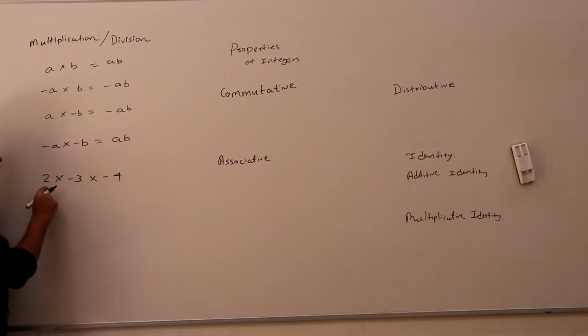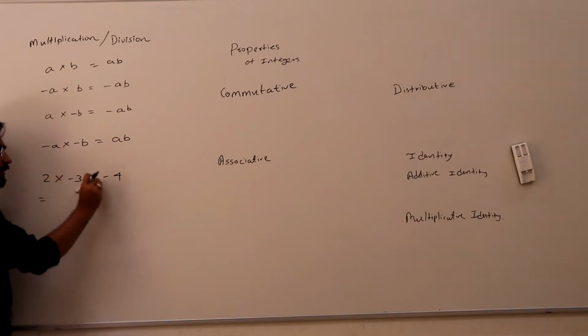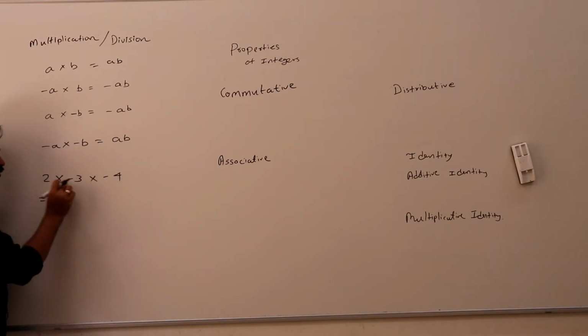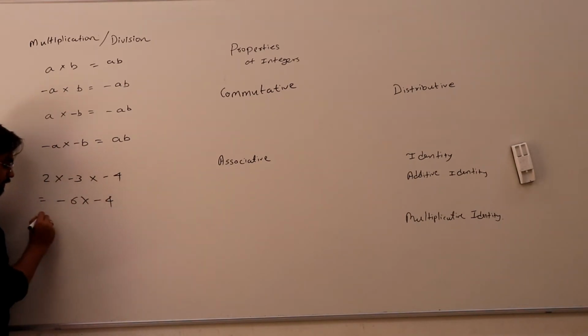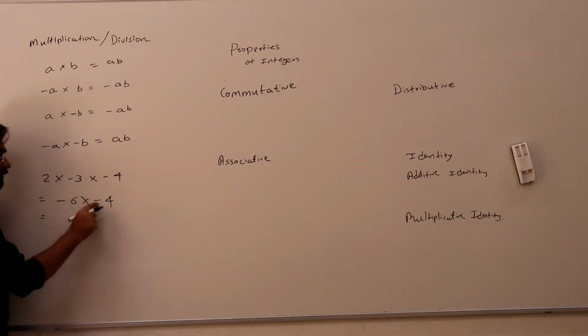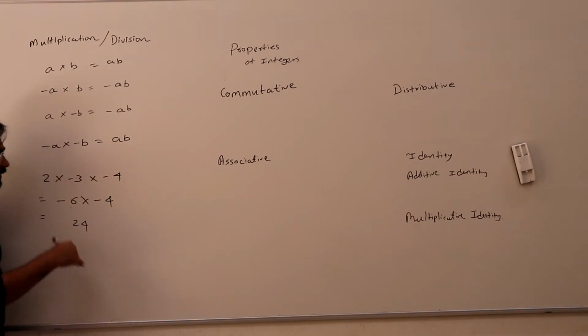First I will multiply these two, and whatever the answer, I will multiply it with minus 4. 2 3s are 6, plus minus minus, multiplied by minus 4. 6 4s are 24, minus minus plus, so the answer is plus.